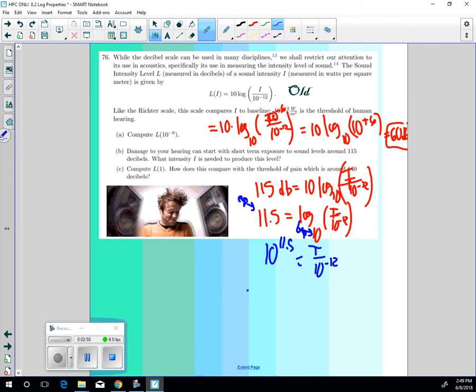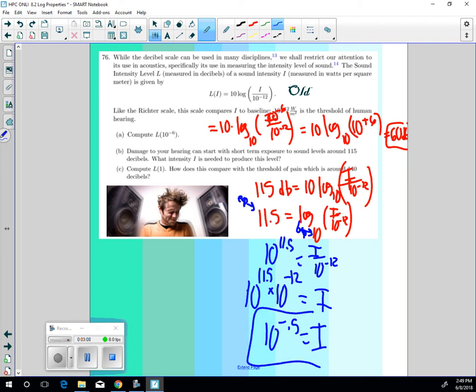So if you multiply, you're going to get I is equal to 10 to the 11.5 times 10 to the negative 12, and negative 12 plus 11.5 is 10 to the negative 0.5 is equal to I. So there you go, 10 to the negative 0.5. You hear something that loud, it's going to hurt your ears.